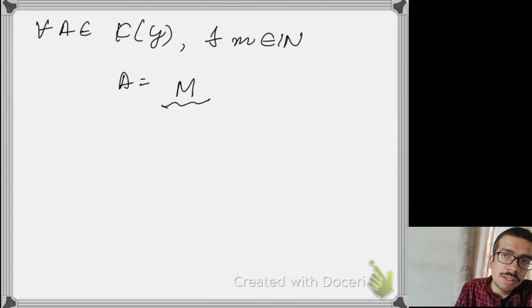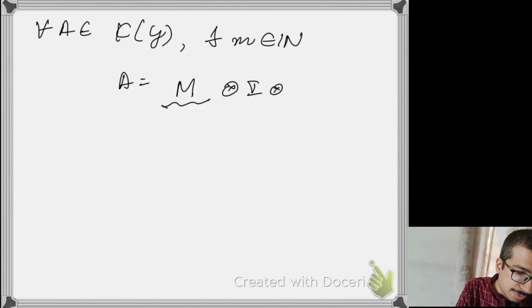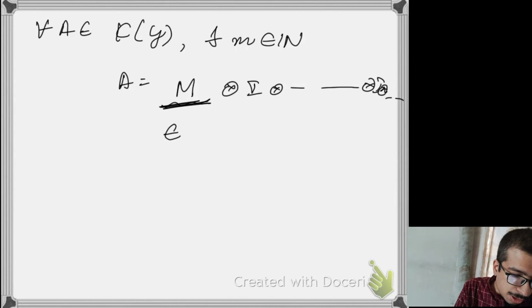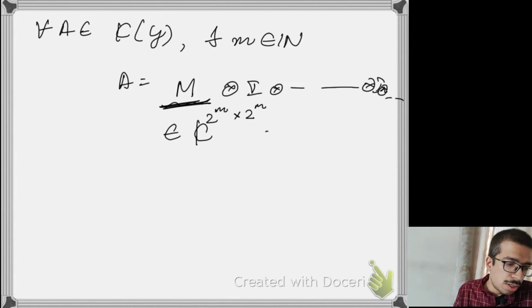Suppose after the first m everything is identity, so I combine the first small m elements, and this matrix capital M is going to be in C to the power 2 to the power m cross 2 to the power m.